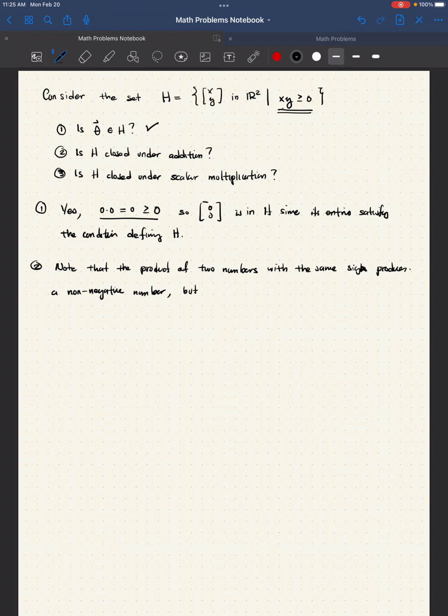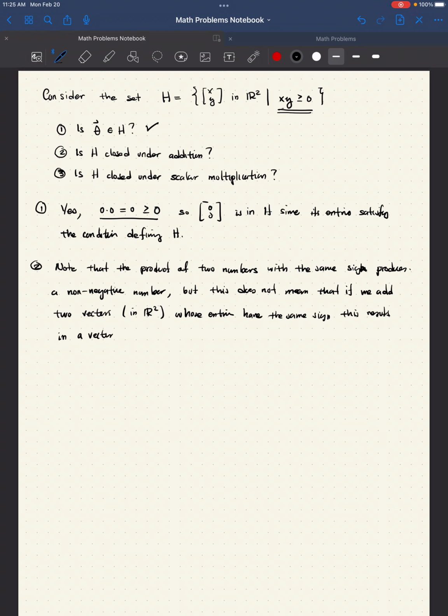But this doesn't mean that if we add two vectors in R2 whose entries have the same sign, this results in a vector with entries of the same sign.